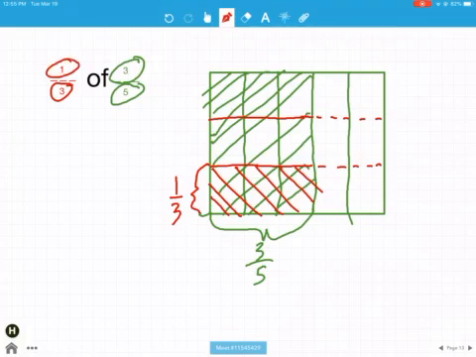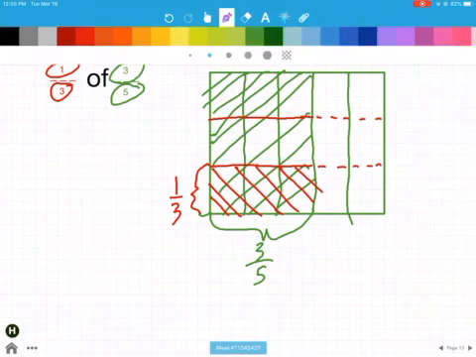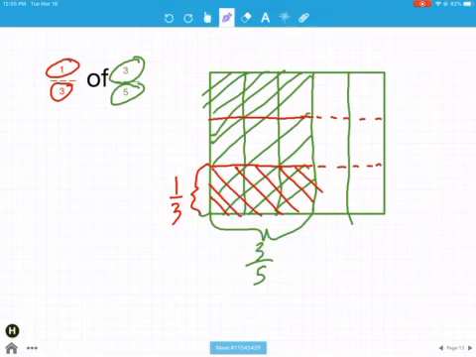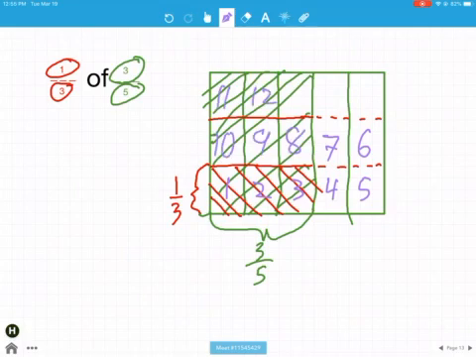All right, now we look at the whole thing and we see that we have 1, 2, 3 shaded in out of 15. I already know that because there's 5 in each group. Okay, so we have 3/15.